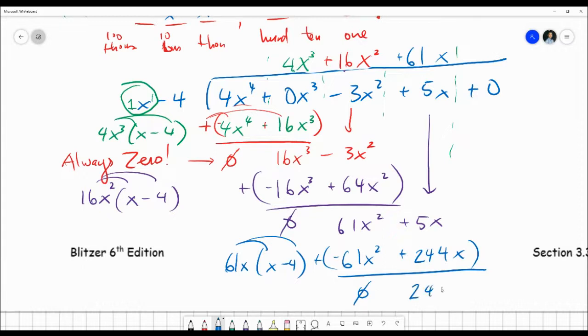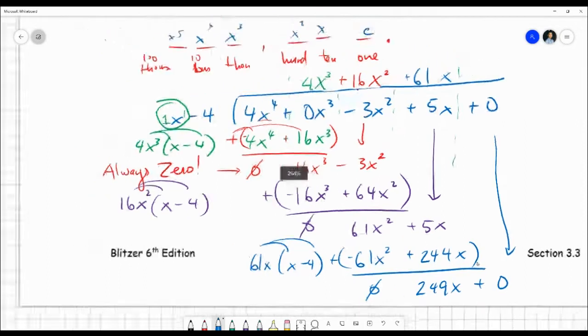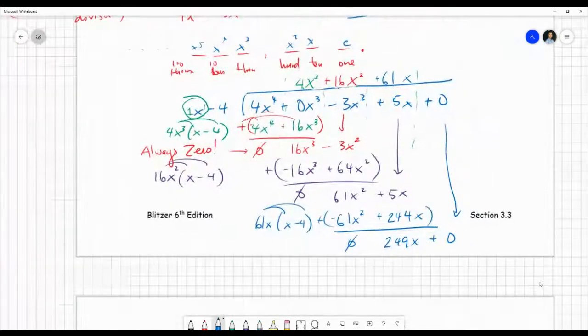All right, so we have 249x here. Bring down the next number. So almost done. All right, so x times what gives you 249x? So I need 249.